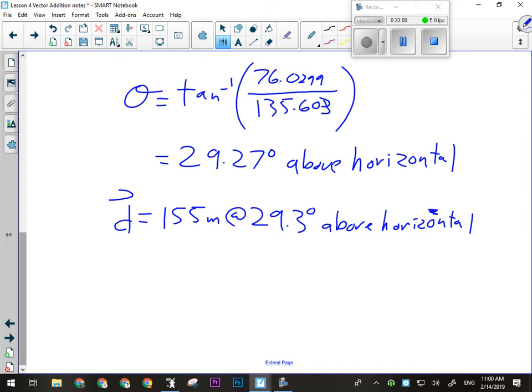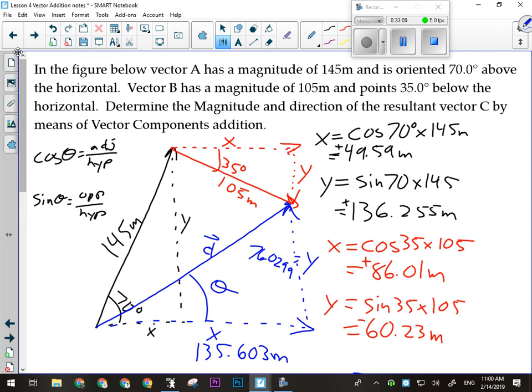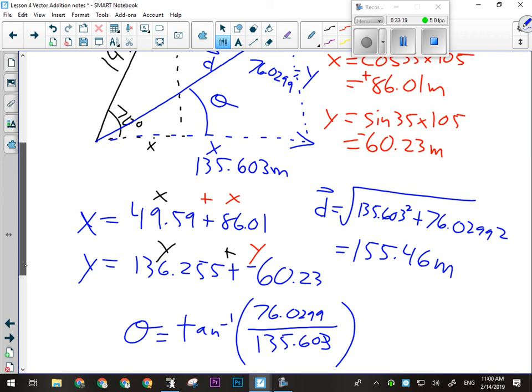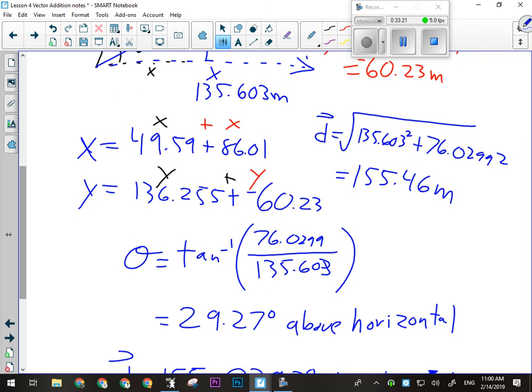That question would probably be worth somewhere between 6 and 8 marks. I would give you a mark for the diagram, because that's kind of your givens for a question like this. I would give you a mark for each X and Y component that you had to calculate, a mark for calculating your resultants, X and Y, and then for calculating your final answer: getting your magnitude, direction, final answer.